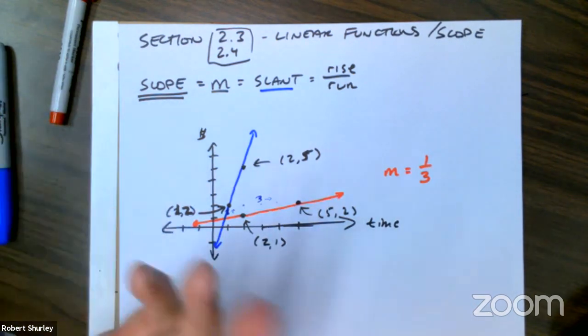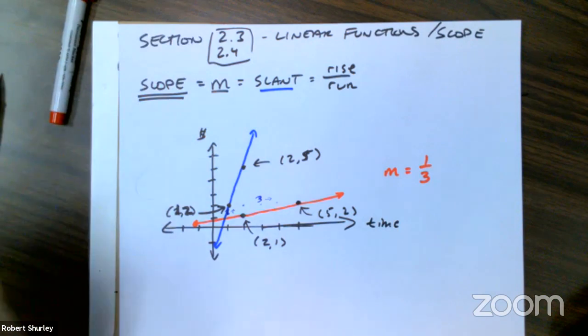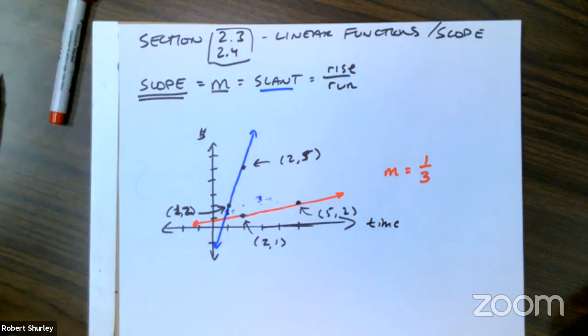If it goes forever in this direction, I know that blue account's going to make me a lot more money than that red account. You see that? Visually, that's how you can see the slant of it, but we need a numerical number because that's just the way we are as humans.